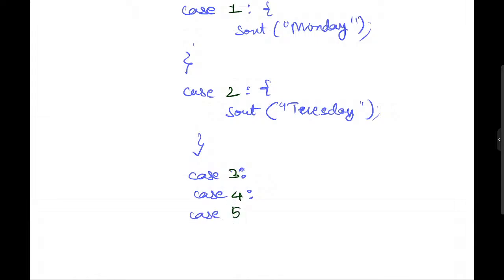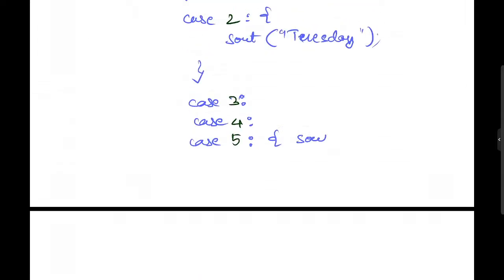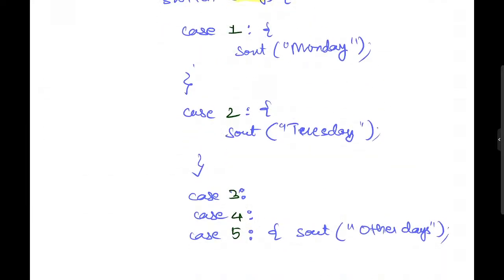What I can do is combine these cases into one block, and simply say other days. When day equal to 3, 4 or 5, this block will execute.